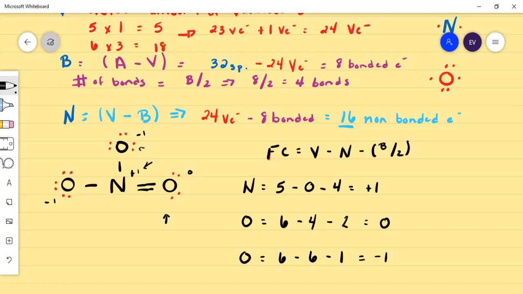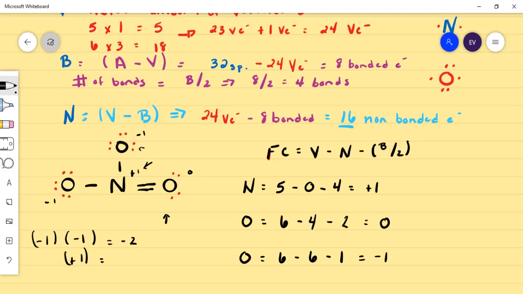Now, here's how it happens. If you look at the formal charge of oxygen, you have -1 for each of the 2 oxygens, so that gives you a total charge of -2. The nitrogen contributes a +1 charge.